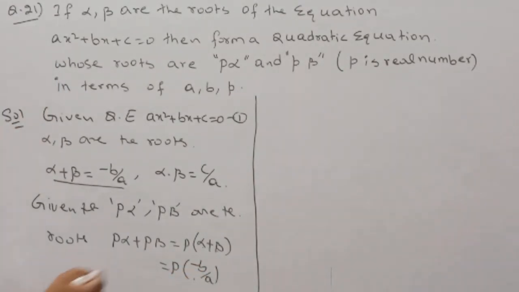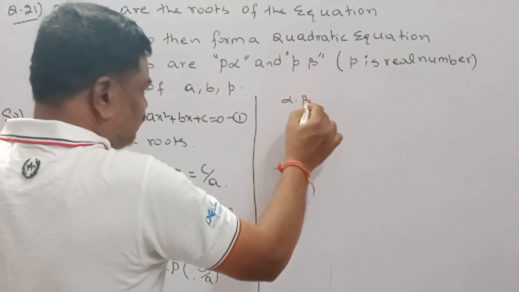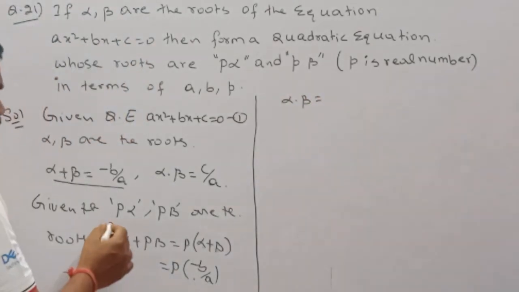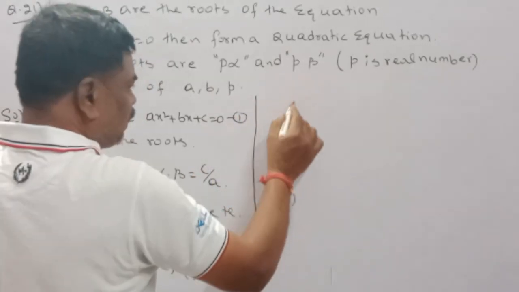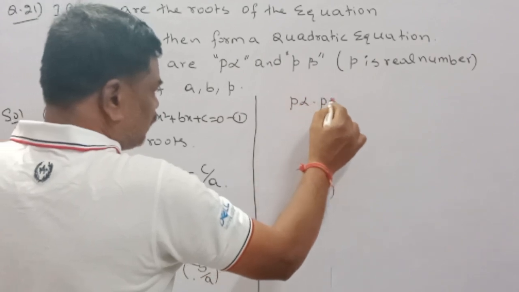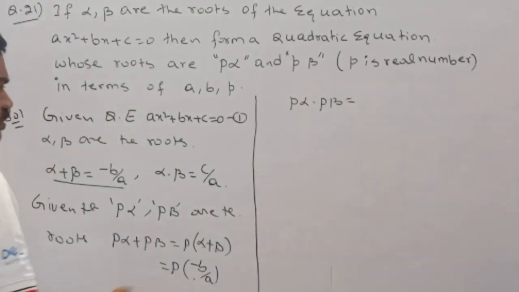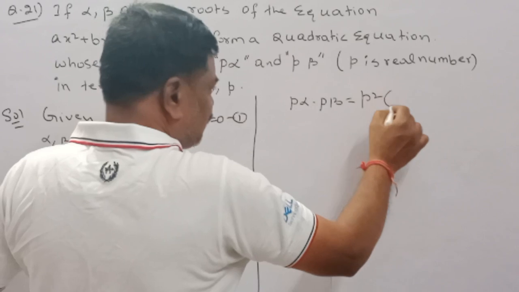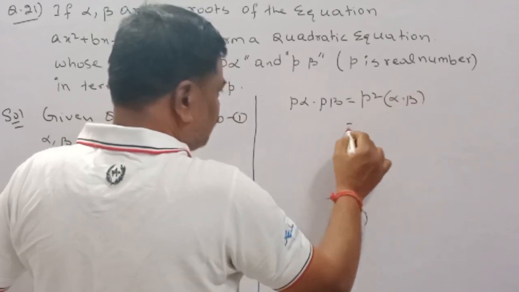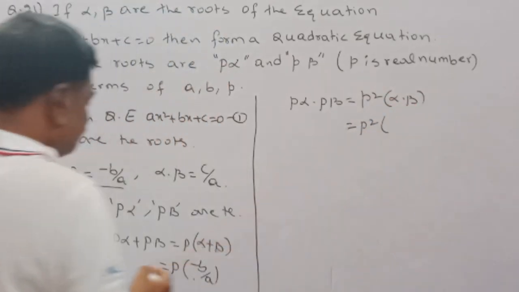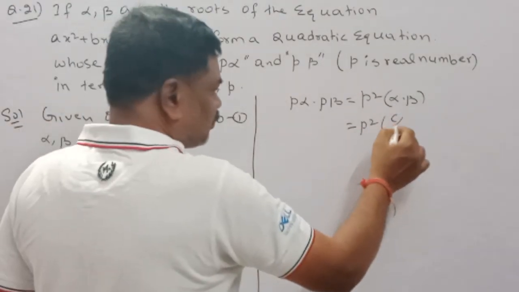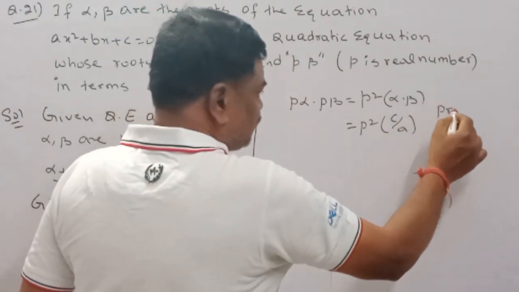Okay, so the product of the roots, p alpha into p beta, is equal to p square into alpha into beta, which is p square c by a, the product of the roots.